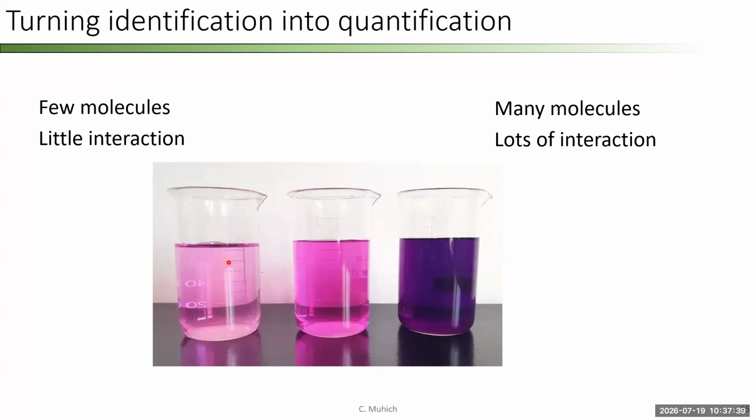Therefore, my color is very light. However, if I have a lot of molecules, a lot of absorption is happening, and my color gets dark. The actual spectrogram of these three beakers is the same, just the intensity of the color is different. Because of this, we can start measuring how many of a particular type of molecule exists because we can look at how much absorption there is.